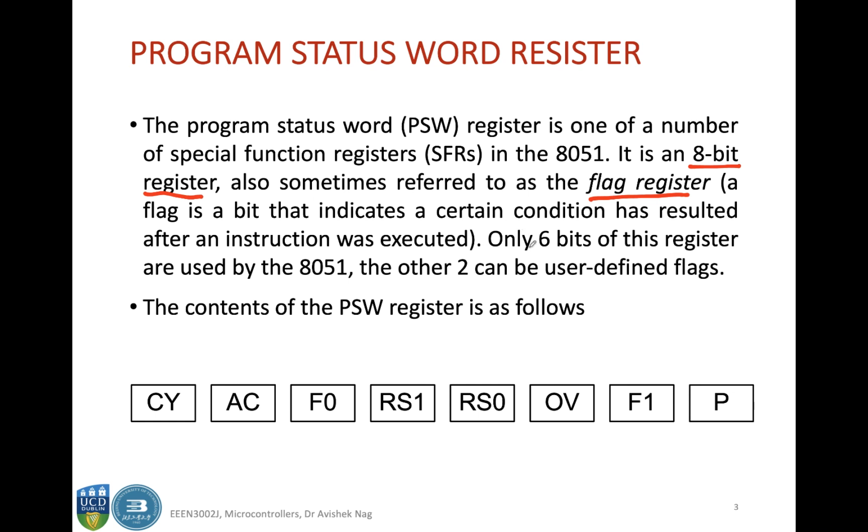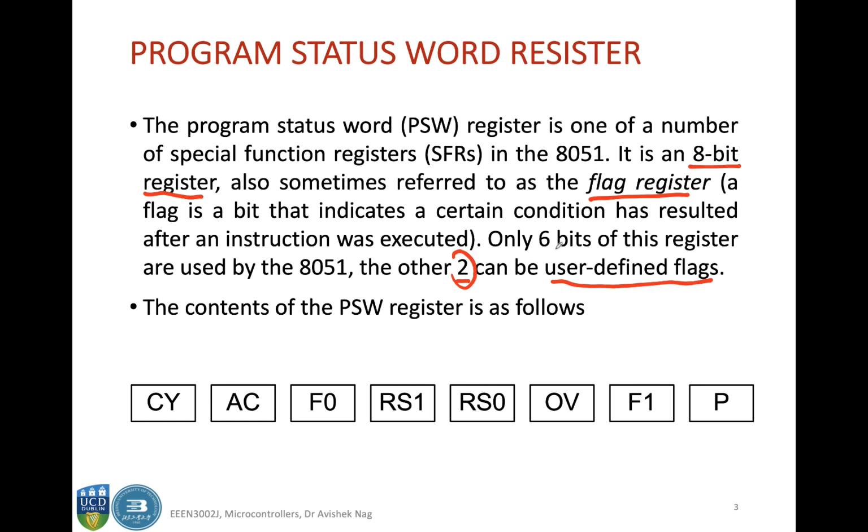Okay, so only 6 bits of this register are used by the 8051. The other 2 can be user defined flags. So you can define your own flags, using 2 of the bits of PSW, in your assembly language code.